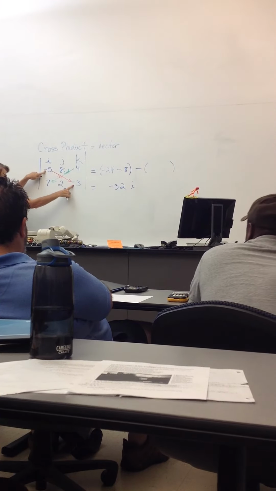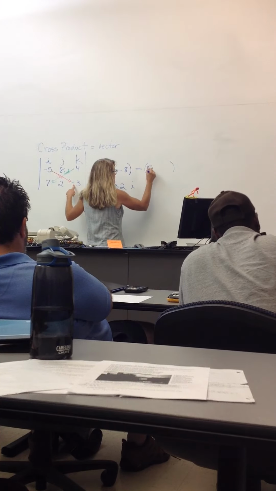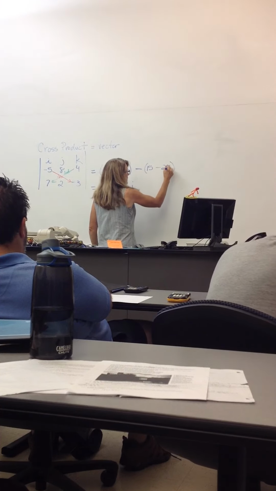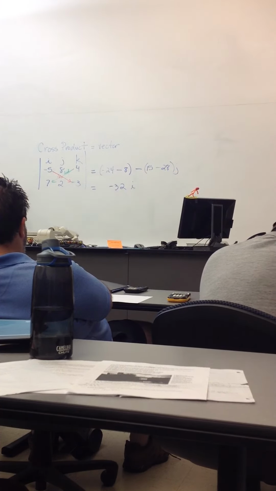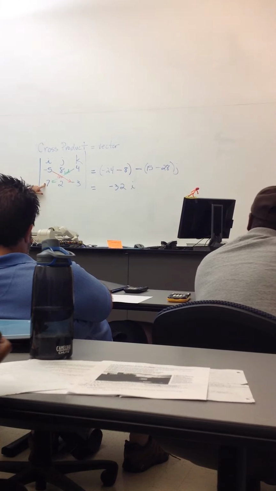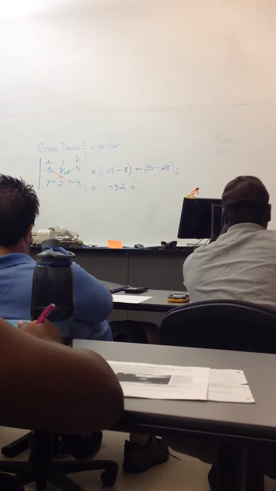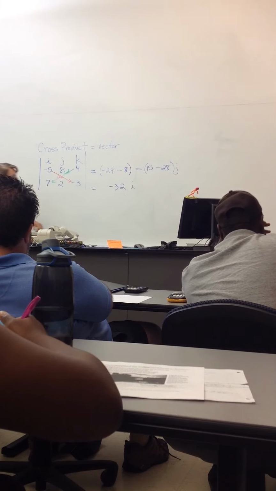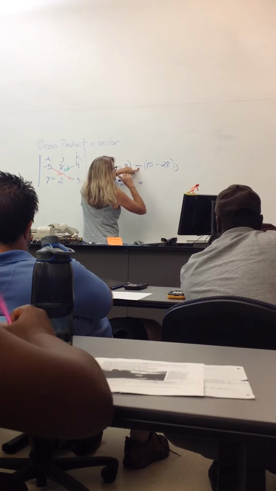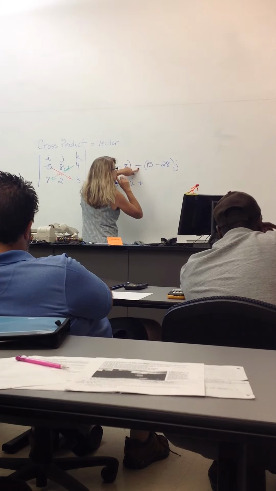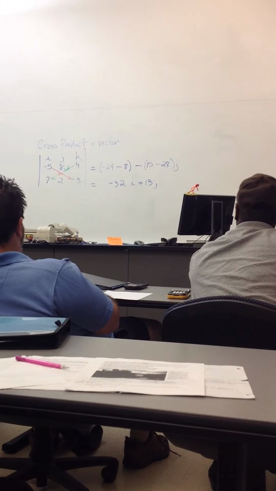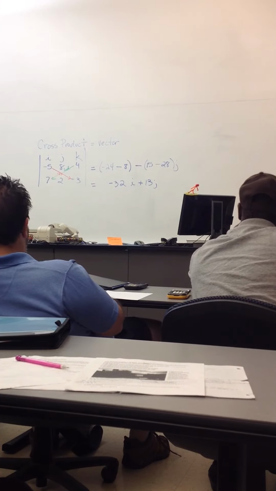So -5 times -3 is +15, and then subtract 4 times 7, which is 28. So 15 minus 28 is -13, but then this will make it positive: +13j. It's positive because of the negative on the outside.